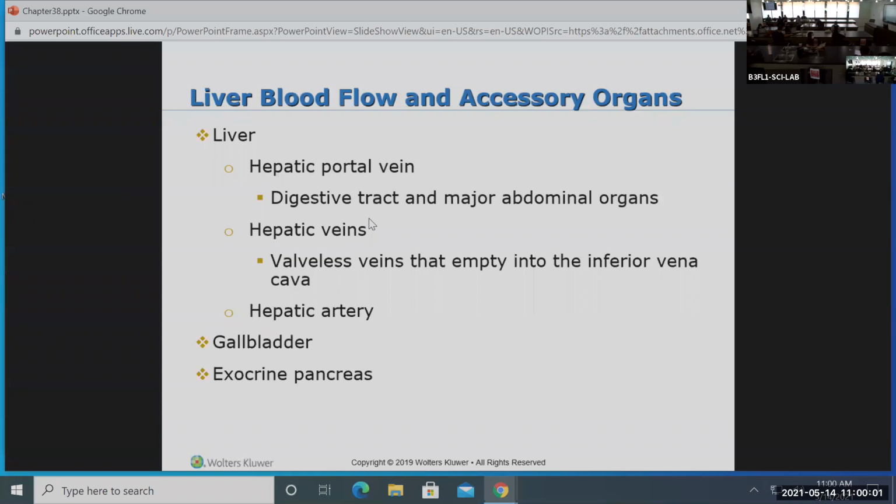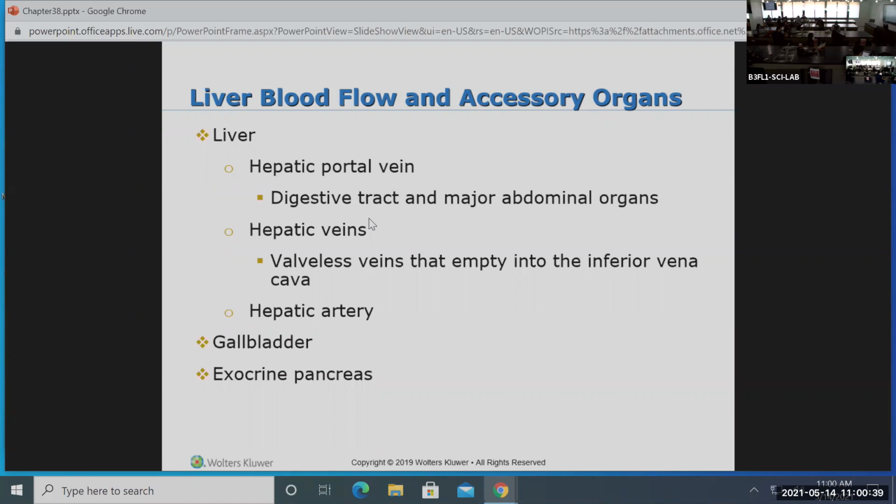What are the two vessels that join to form the portal vein? Anybody? I already said two vessels. Please remember, look at my hand, this one and this one.